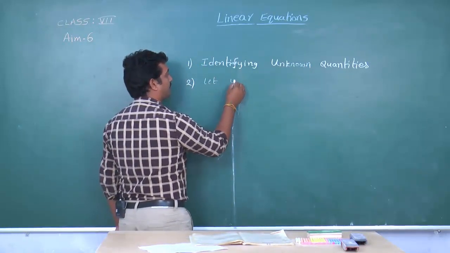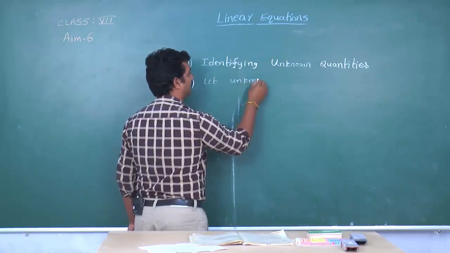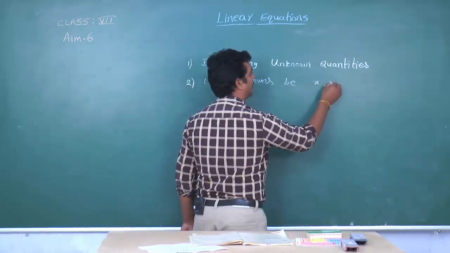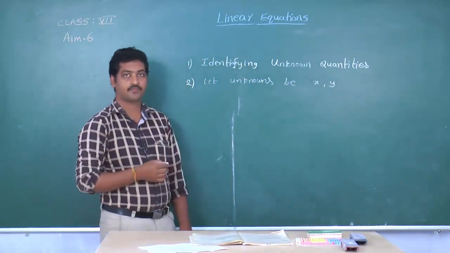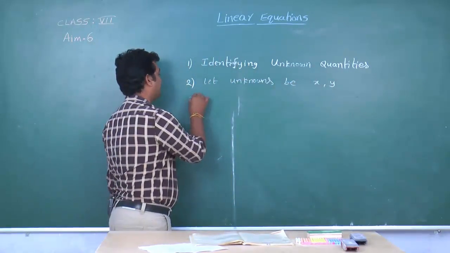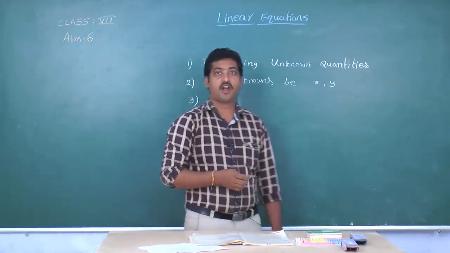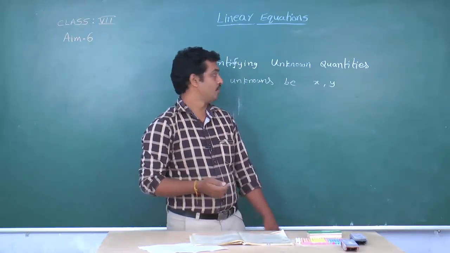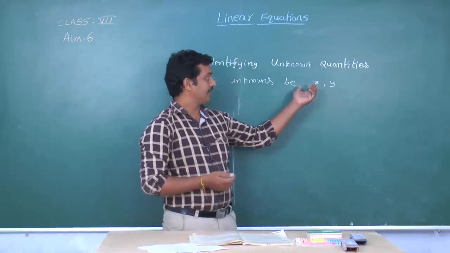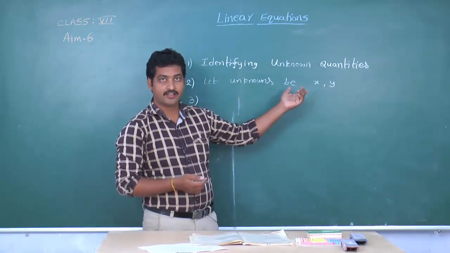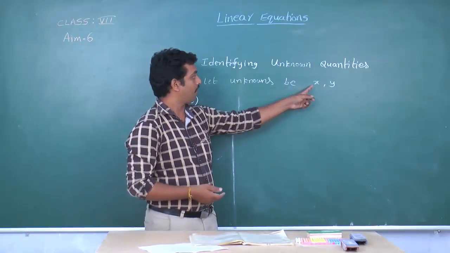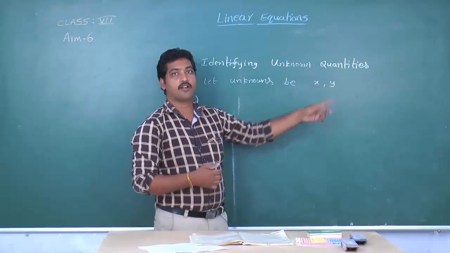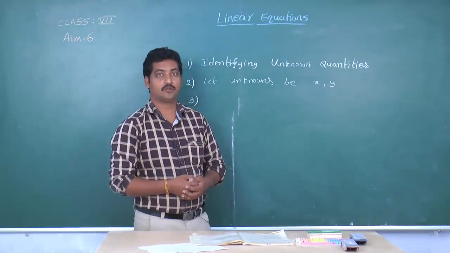Let the unknowns be x, y. And the third step is forming of linear equations in two variables. That means establishing the relation between the variables and the known points in the given problem.